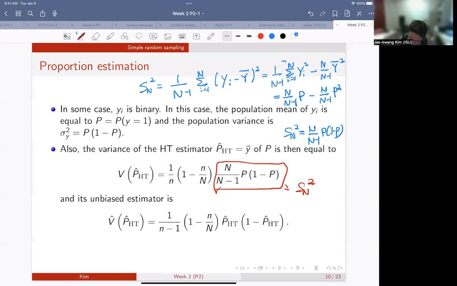And same way, you take the expectation, and you can obtain the small n version the same way.